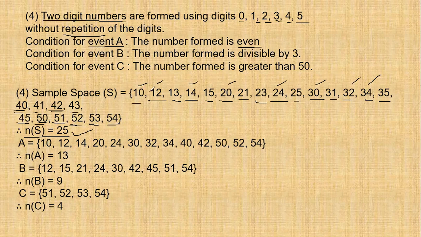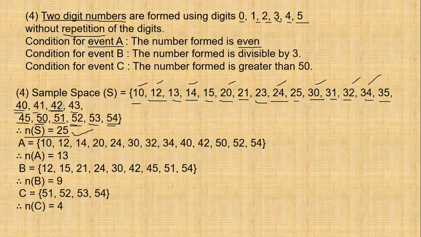So how many numbers? 1, 2, 3, up to 13. So total numbers are 13.